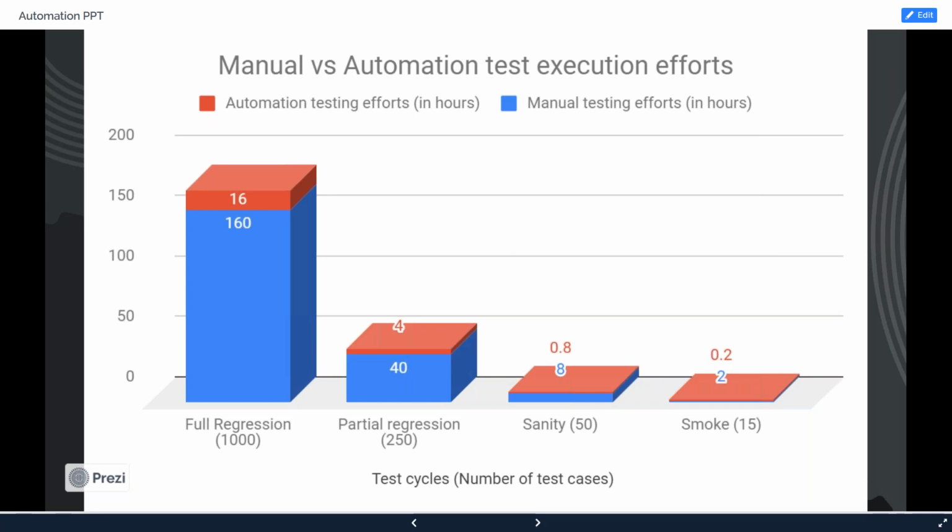What did you understand by this graph, Arpit? So basically, in the graph, for full regression, 1,000 test cases are being executed by manual testers, and the effort they are taking is nearly 160 hours, I believe. And the same thing is completed by automation efforts in 16 hours. So I think it's a 1:10 kind of ratio.